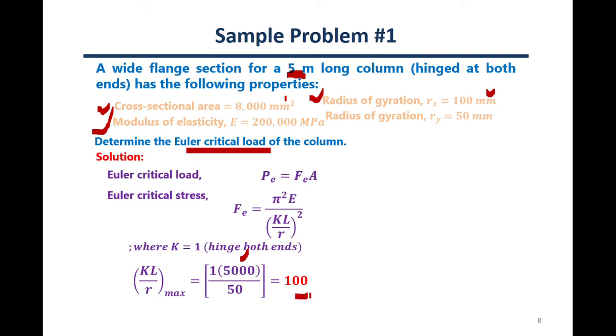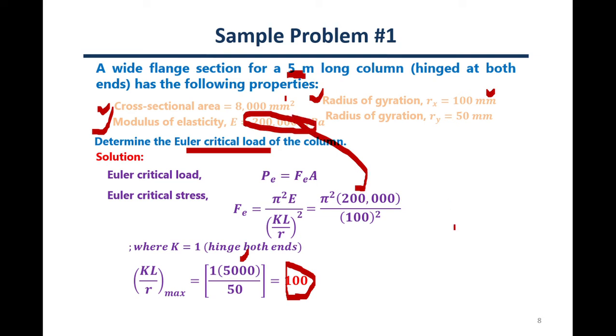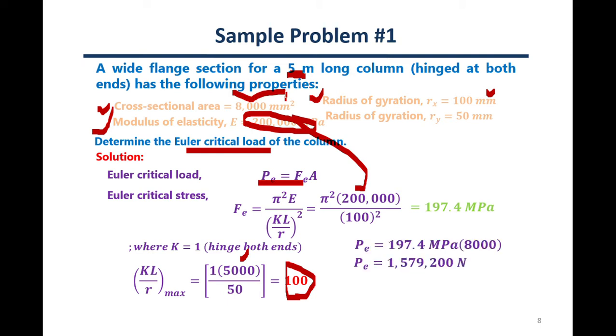So we have KL over R. Okay, so substitute na natin yan. Itong E na to nanggaling to sa modulus of elasticity. Ayan. So, we have here a value of 197.4 megapascal. So, substitute na natin dito. We have an area of 8,000. So, we have here PE natin o yung load natin na PE. That is 1,579.2 kilonewton.